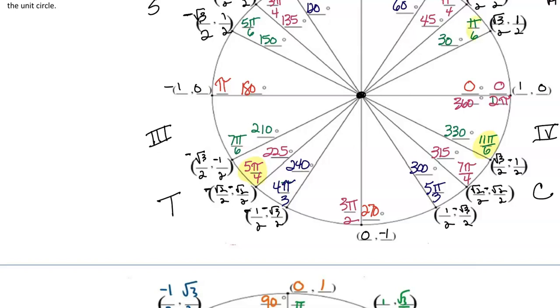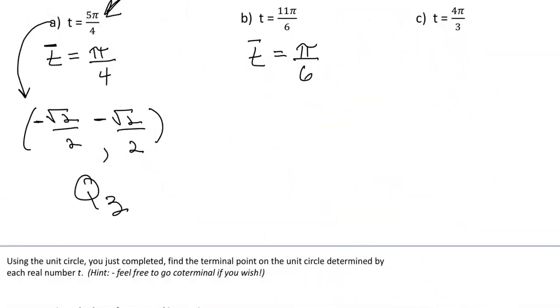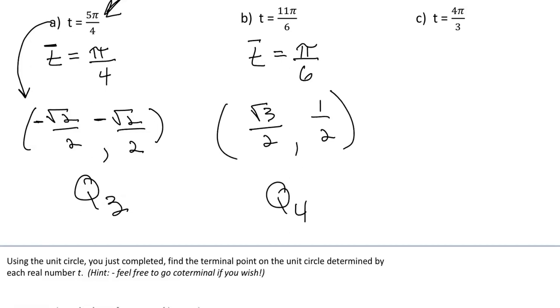Here's my reference angle. I see the values are root 3 over 2 and 1/2. Because 11 pi over 6, the actual angle, is in the fourth quadrant, this is what's going to happen. I knew it was radical 3 over 2 and 1/2 for the reference angle, but in the fourth quadrant, the y is negative.